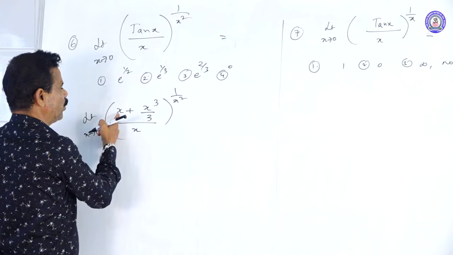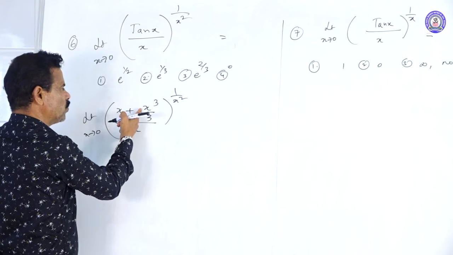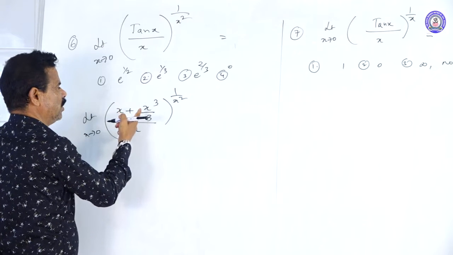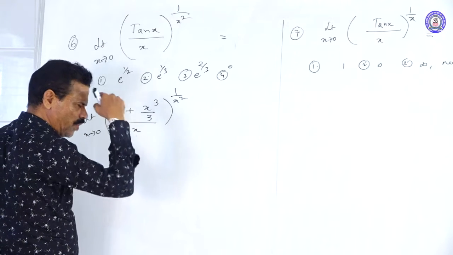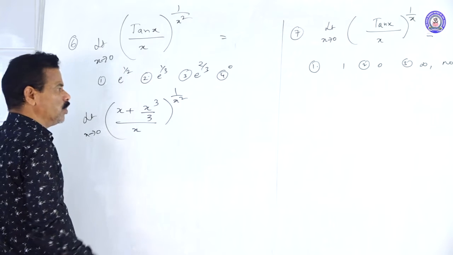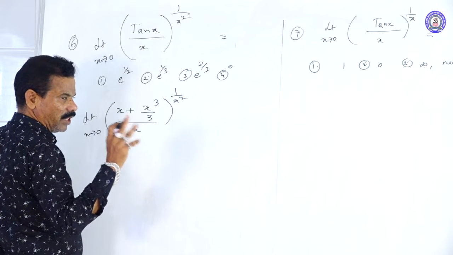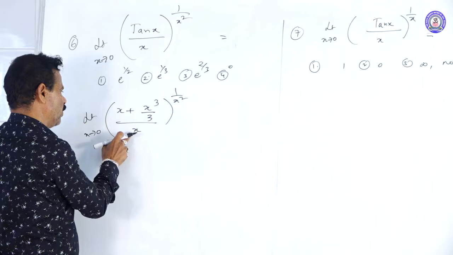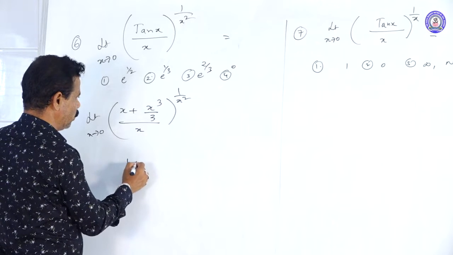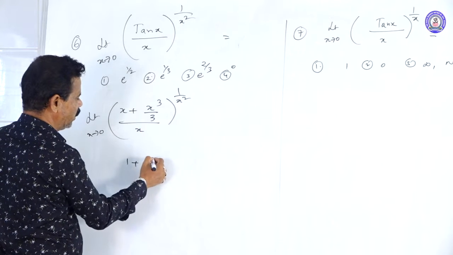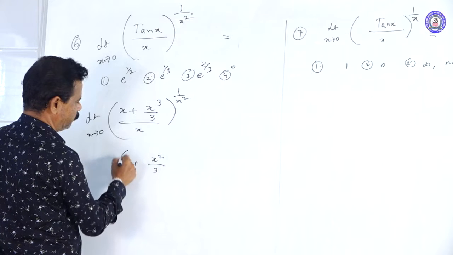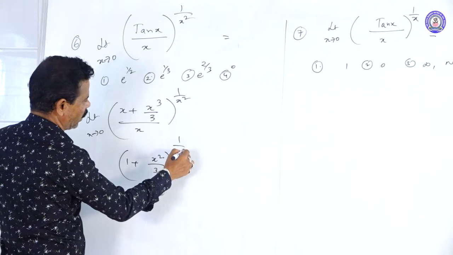Here x tends to 0, x cube is also very small, and the next term x power 5 by 5 is negligible. So up to 2 terms is enough. Again we divide by x, x by x is 1. Here x is cancelled: (1 plus x square by 3) power 1 by x square.